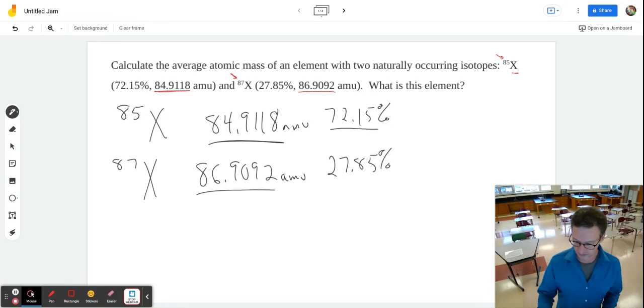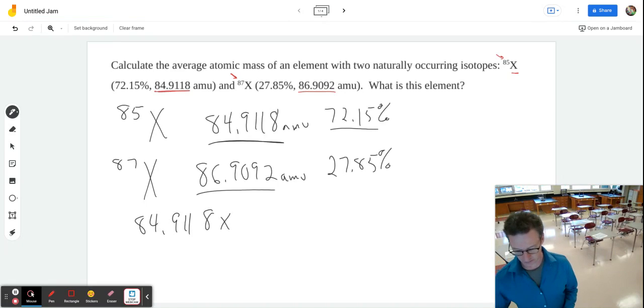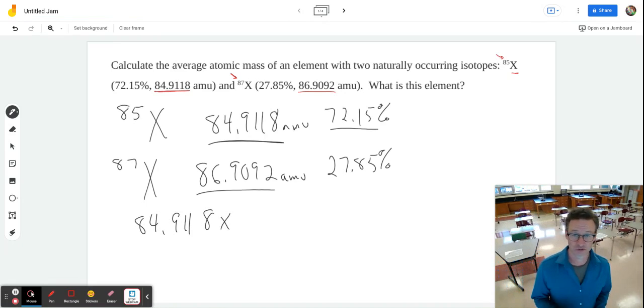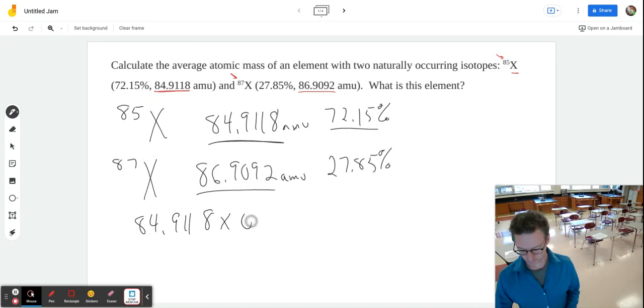So when we do this out, we multiply 84.9118 times the percentage. And again, you can do this either by moving the decimal point over, or you can multiply times 72.15 and then divide by 100 at the end. It's the same mathematically either way.